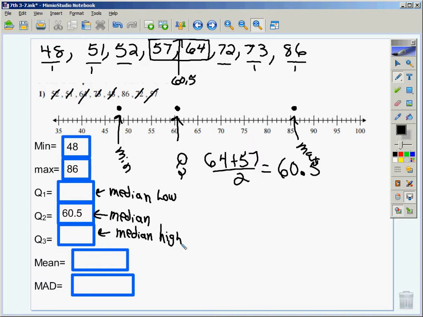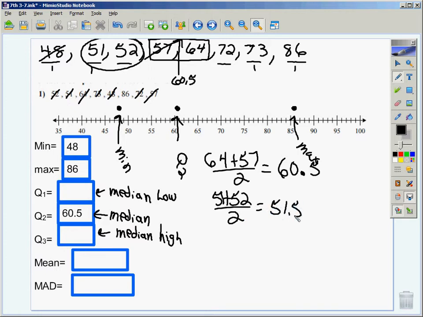Back to Q1. If I eliminate the 48, I've got to eliminate the 57. What happened is there were 2 numbers in the middle again. When there's 2 numbers in the middle, what do you do? I add them together and divide by 2.